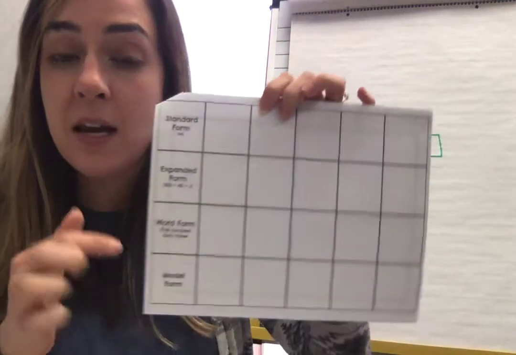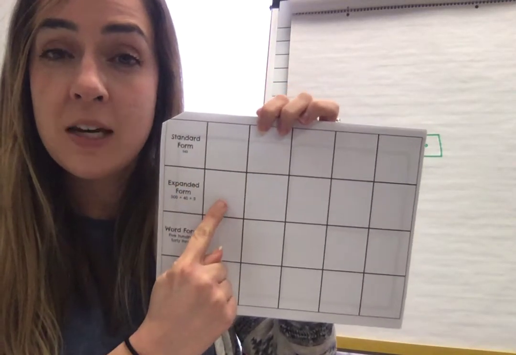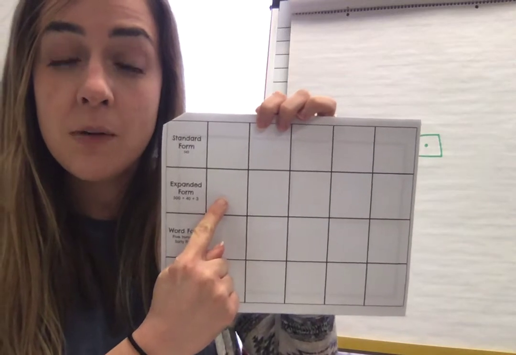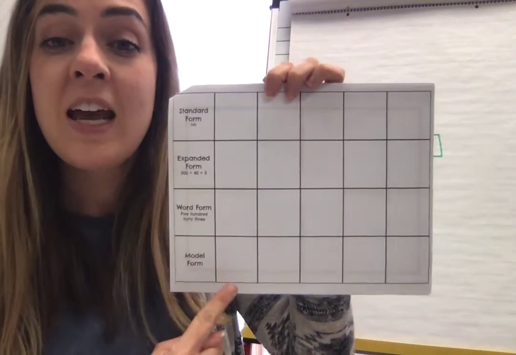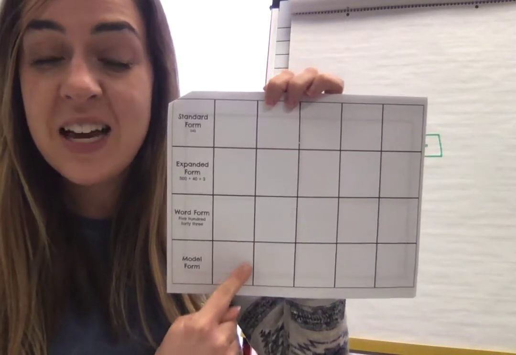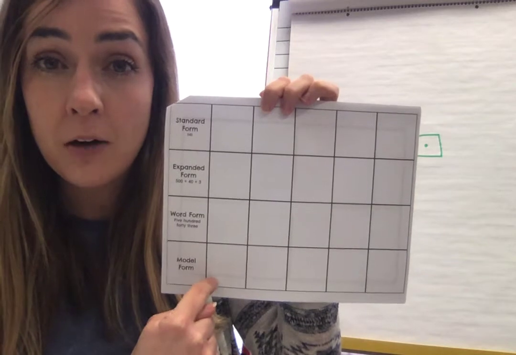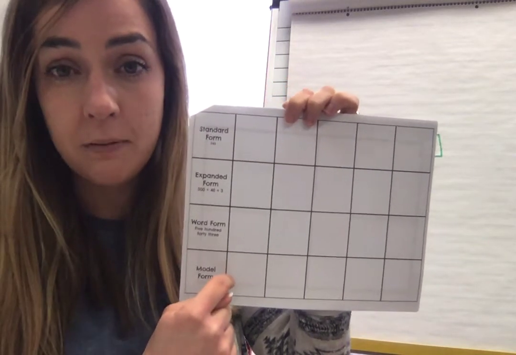I would show that number 321 in standard form. I would show that number 321 in expanded form. I would show that number 321 in word form. And I would show that number 321 in model form. Now there's not tons of room here for model form, so you're going to have to be mindful of that when you're drawing your picture.